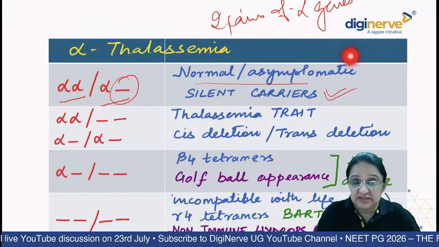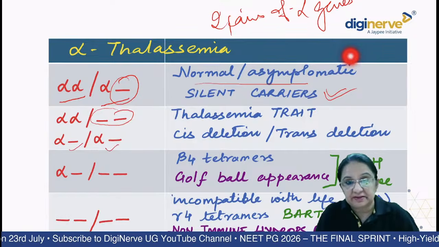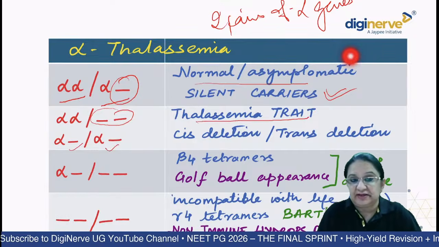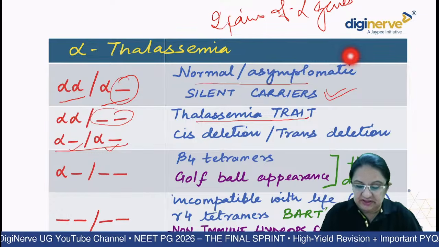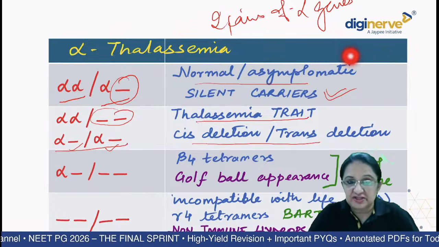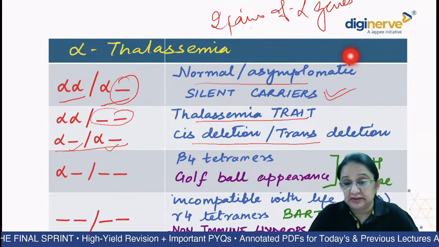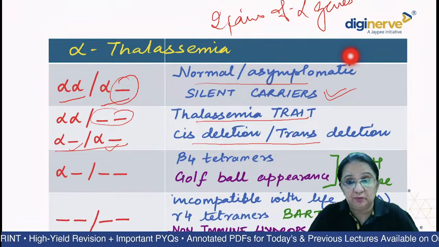If two genes are deleted, could be from one parent or one from both the parents, this is thalassemia trait. This type of gene deletion is known as cis deletion or trans deletion. So one gene deleted, silent carriers; two genes deleted, trait; three genes deleted. If three alpha chains are deleted, what will happen?